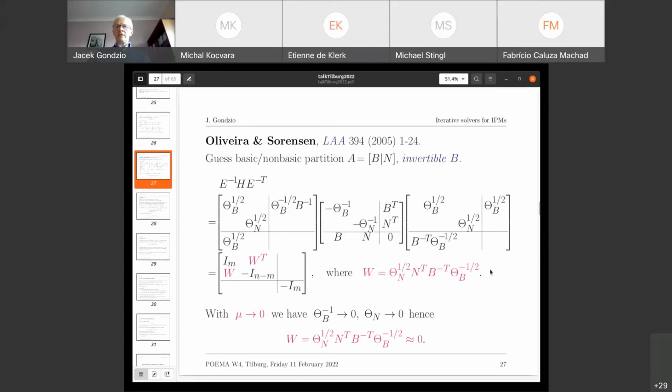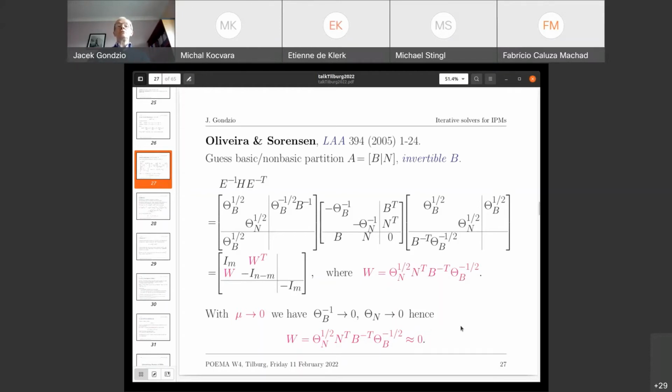And W is defined like this, but may I just remind you, we know that when the barrier term goes to 0, then theta b goes to infinity, so theta b inverse goes to 0. Theta n goes to 0. So you see, in W, we have here a small term multiplied with some matrix and multiplied with a small term again, which means there's serious hope that this matrix W will be approximately equal to 0.